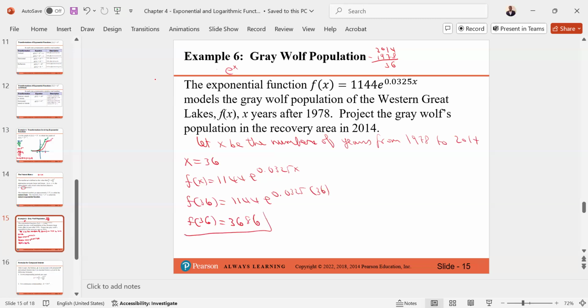That's what we need to find, because they project the gray wolf population in the recovery area in 2014. This indicates that the gray wolf population in the Western Great Lakes in the year 2014 is projected to be 3,686 wolves.